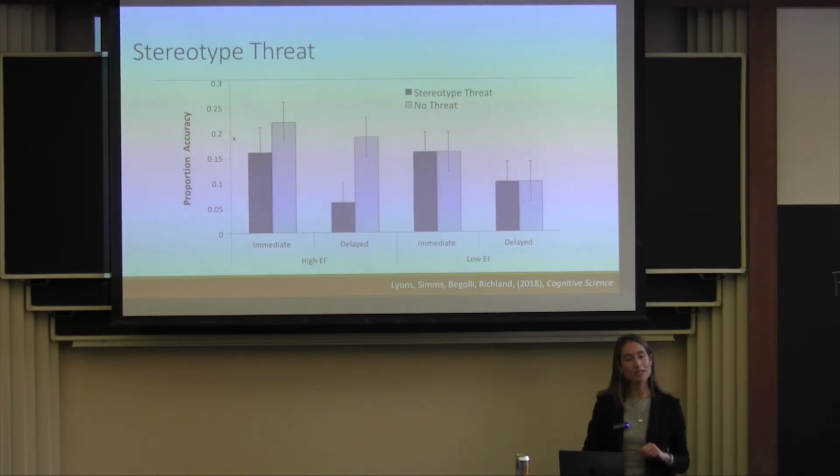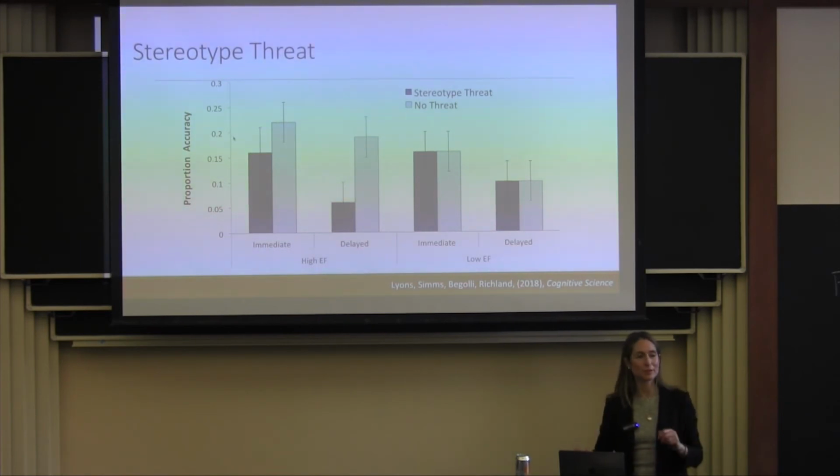But when you look at the participants in the stereotype threat condition, there was a decrease in learning at the immediate test, numerically but not significantly. Then at the delay, you see a serious difference in the information that was retained, and the problem solving at that post-test.